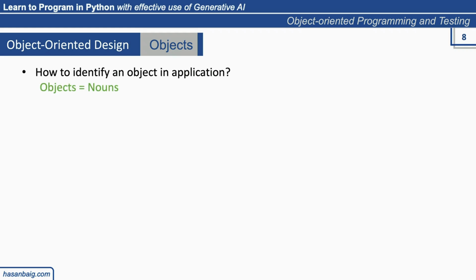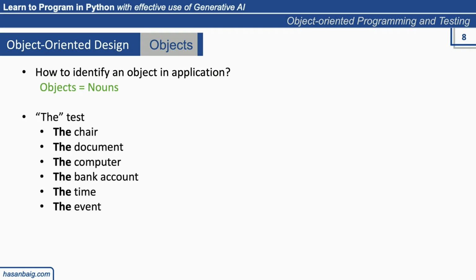You talk about those objects in daily conversation with someone else, and if you can put the word "the" before that thing, then you can safely treat it as an object in your application. Just like the chair, the document, the computer, similarly the bank account, the time, or the event, these can all be treated as objects in your application.